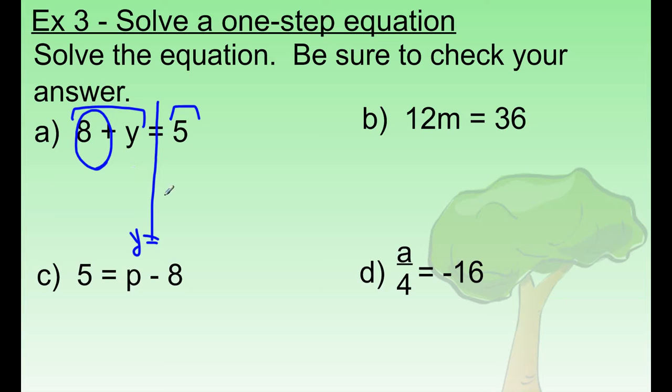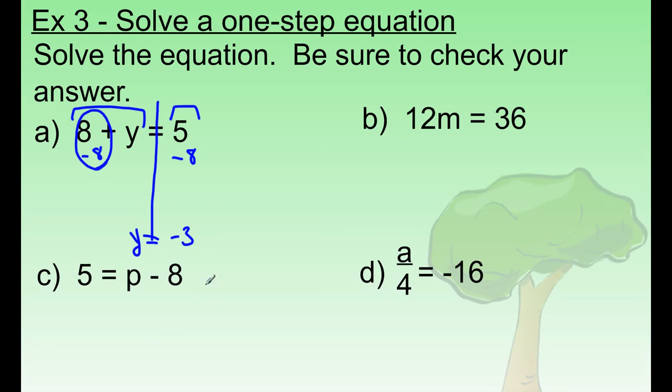What we're going to have to do is, to make this go away, 8 minus 8 equals 0. If this piece equals 0, it's gone. I don't need it anymore. So I just have y equals. But if you subtract 8 on one side of your equal sign, you also have to subtract 8 on the other. And so here we have 5 minus 8 gives us negative 3.